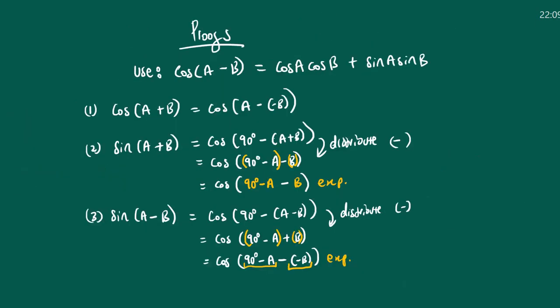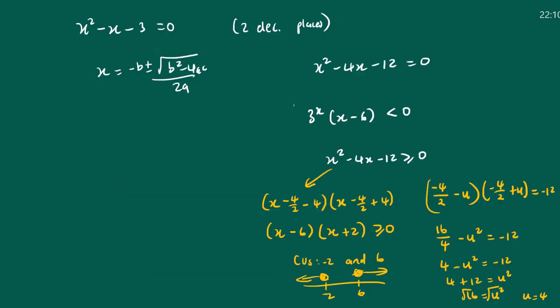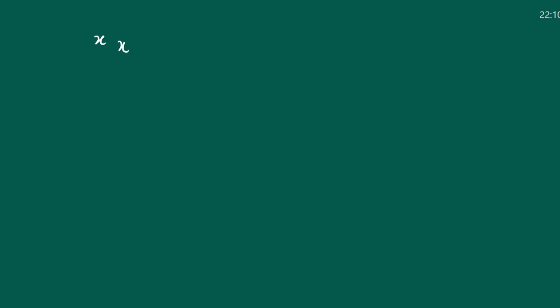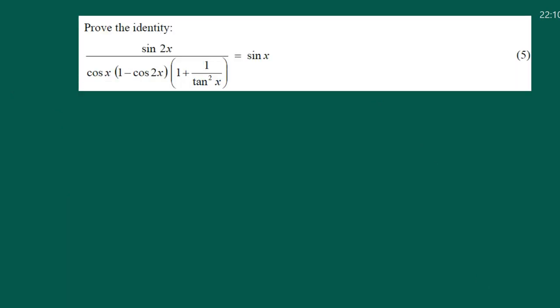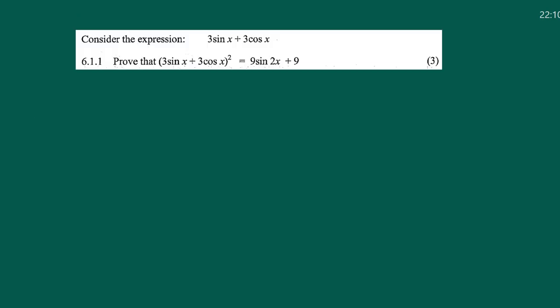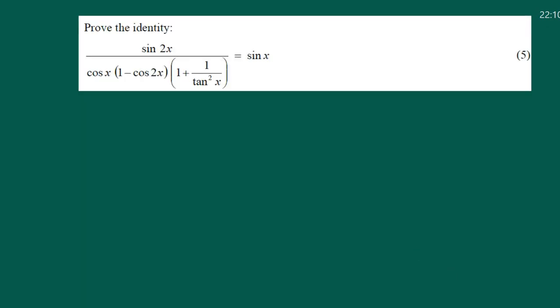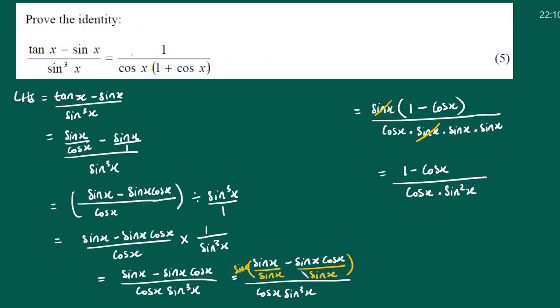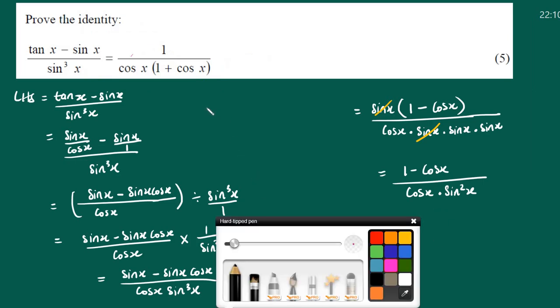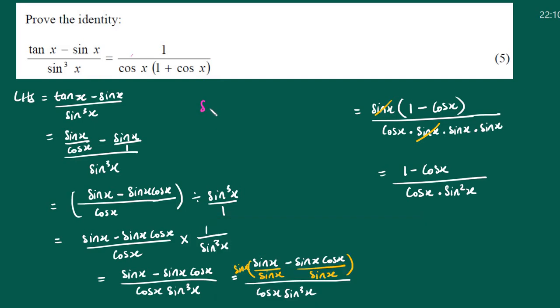I think I removed them. Sorry. Okay, if you can remember, guys, I did say that sine squared x can be written as 1 minus cos squared x. Do you still remember that from when we started? So that is what you're simply going to do here.